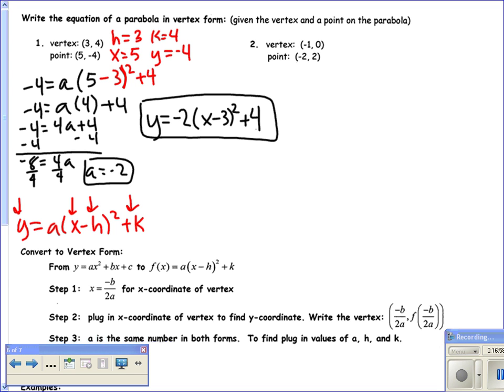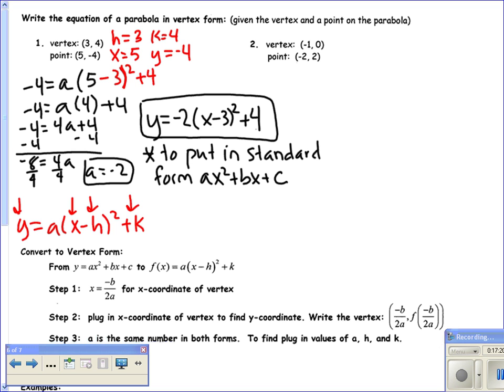Now, for this, if I wanted to put this in standard form, how would I go about putting this in standard form? Well, standard form, so I'm just going to make a note, to put in standard form, which is ax squared plus bx plus c, you have to FOIL this out, or box.